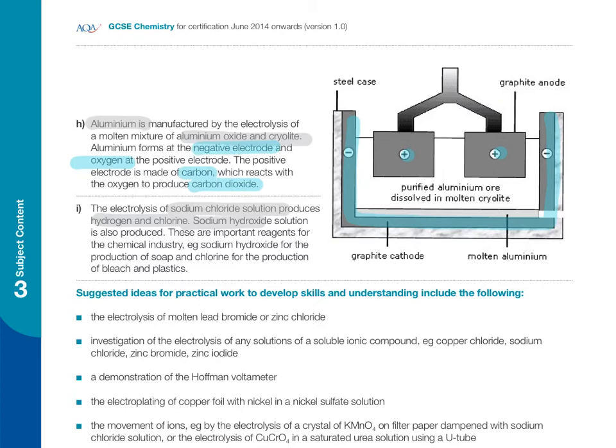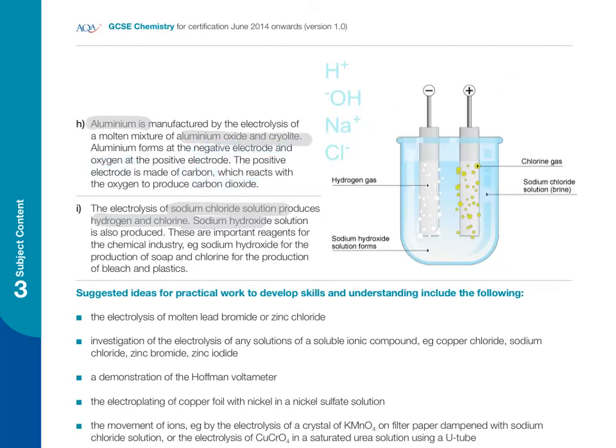The carbon electrode gets used up, so it has to be replaced. Because the carbon is reacting with the oxygen, it is being used up in that reaction, and therefore the electrode will eventually run out.